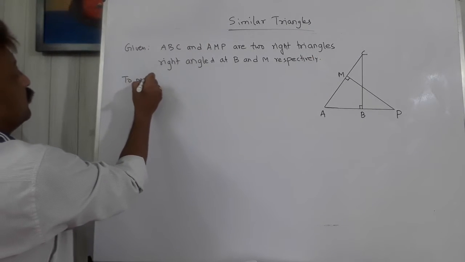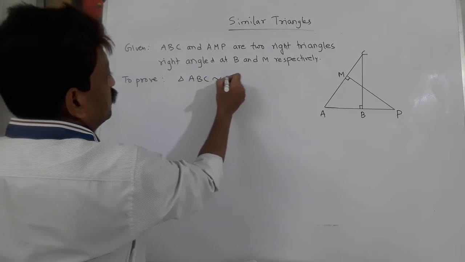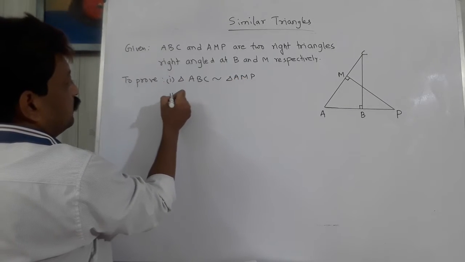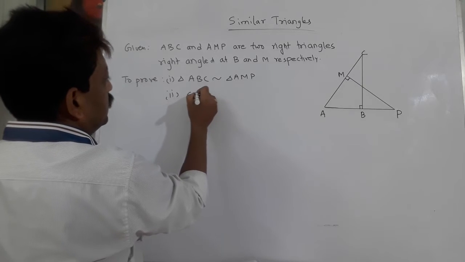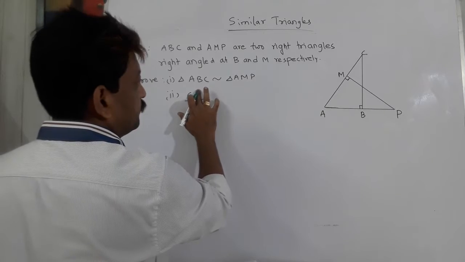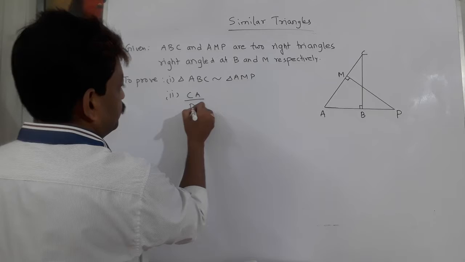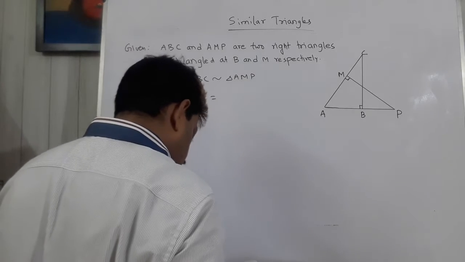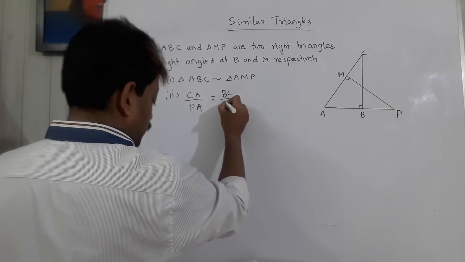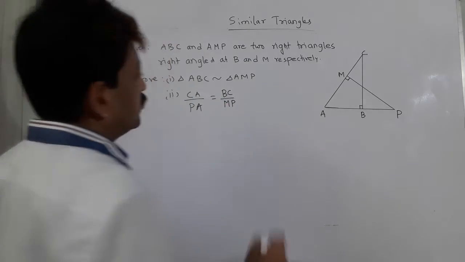We have to prove triangle ABC is similar to triangle AMP. That is the first question. And second, we have to prove that CA upon PA is equal to BC upon PM or MP. These are the two things we have to prove.